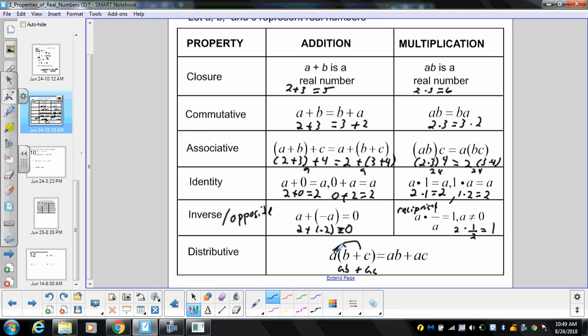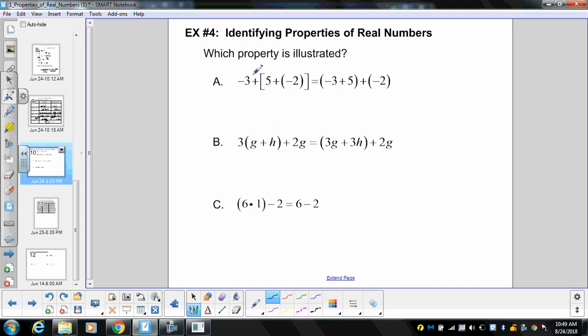So if you think it's distributive, make sure the number is next to the parentheses and there's no operation in between. So since there's an operation in between, it will not be distributive, it must be associative. And of course, because of all the adding, you can go further and say this is the associative property of addition.